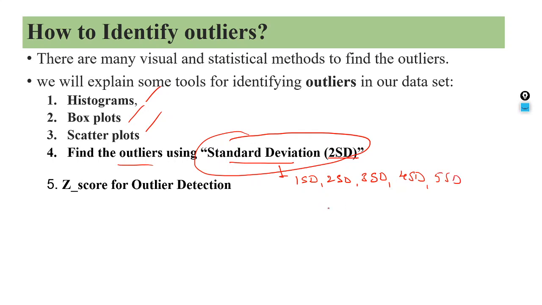According to the problem statement, people use different standard deviations. Most people in the real-time industry follow the third standard deviation. If our data set is very small, people follow two standard deviations. In this lecture, we are following the second standard deviation because our data set is very small. So, Z score for outlier detection.